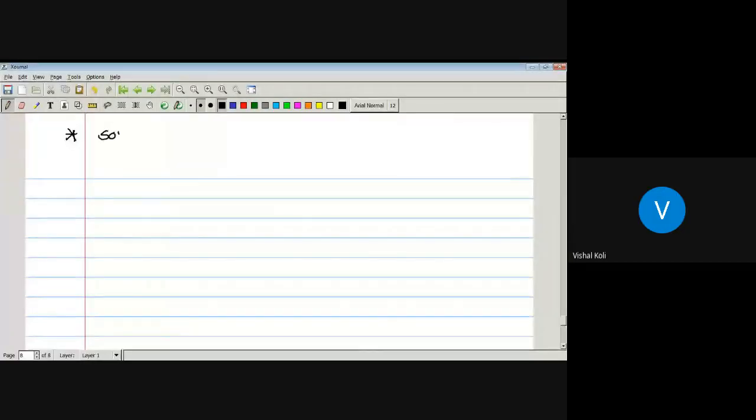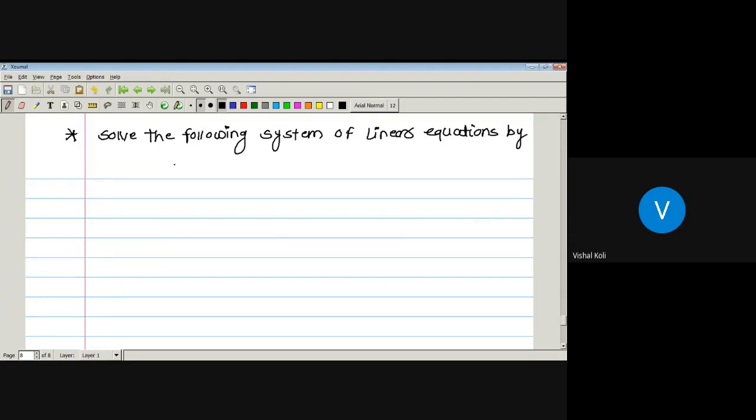Solve the following system of linear equations by matrix method.